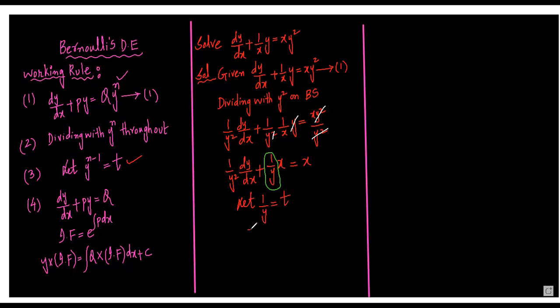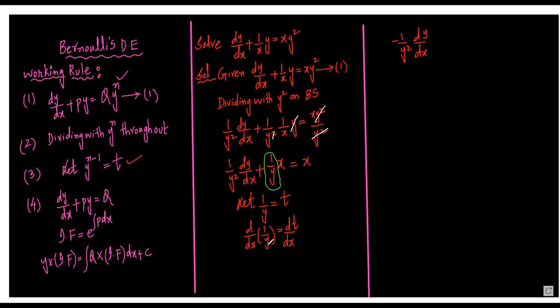And if you differentiate with respect to x for these two terms, d by dx of 1 by y is equal to d by dx of t here. Now d by dx of 1 by y, what is the answer? -1 by y square. Am I correct here? And the inner function, that is d by dx of y, separately, because 1 by y differentiation is -1 by y square.